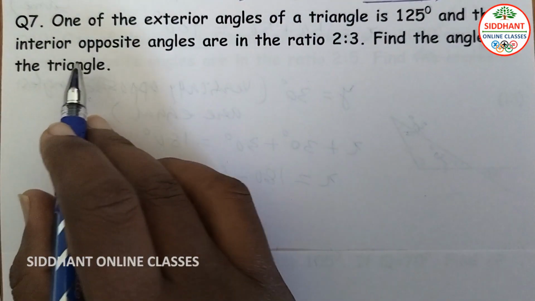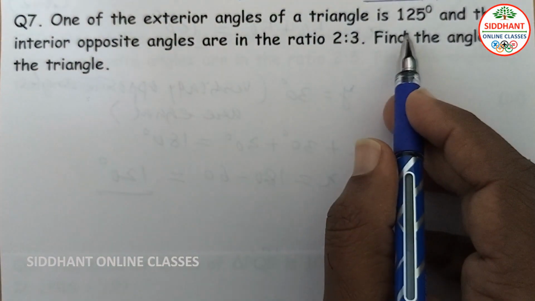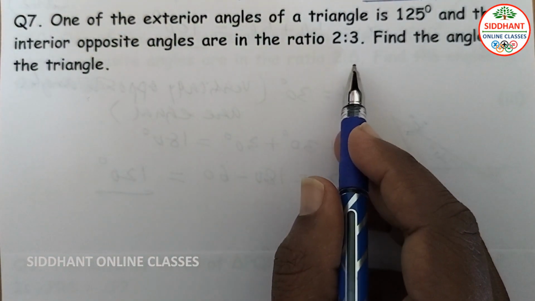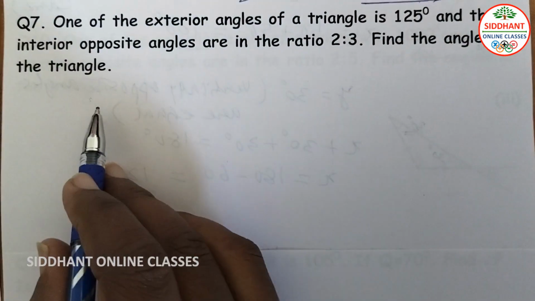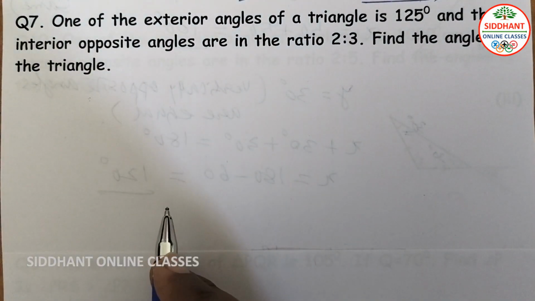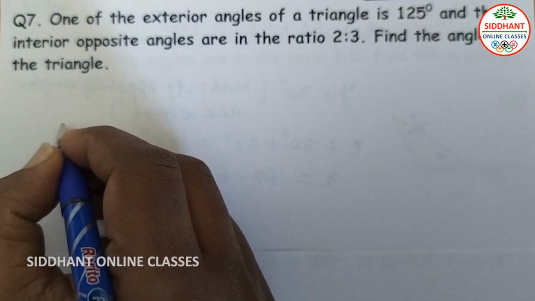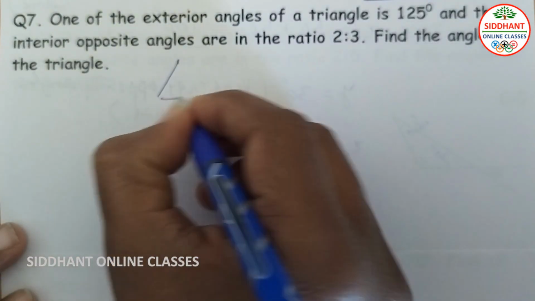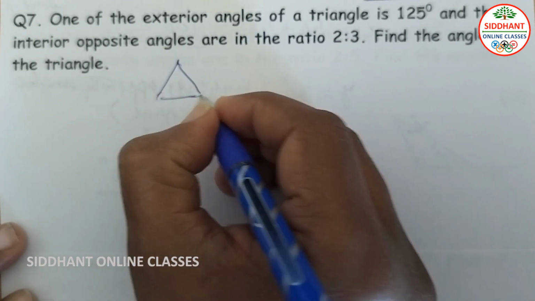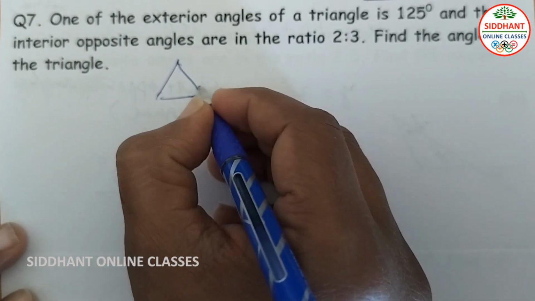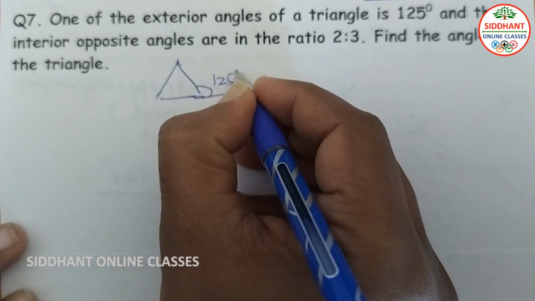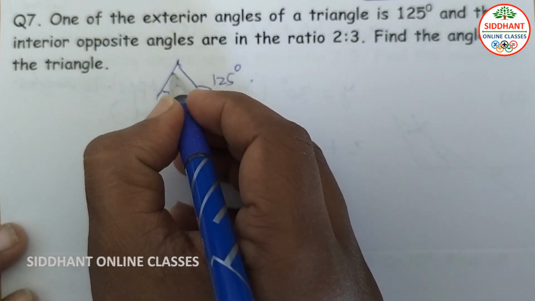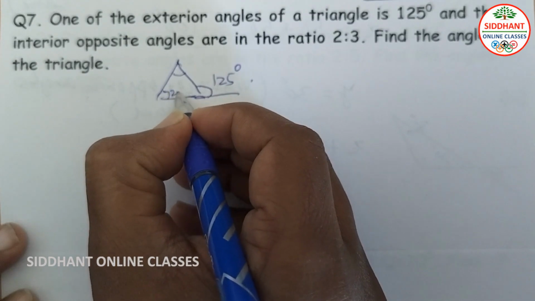Question number 7. One of the exterior angles of the triangle is 125 degrees and the interior opposite angles are in the ratio 2:3. Find the angles of the triangle. So suppose this is a triangle. One exterior angle is 125 degrees, and these are the two interior opposite angles, they are in the ratio 2:3.